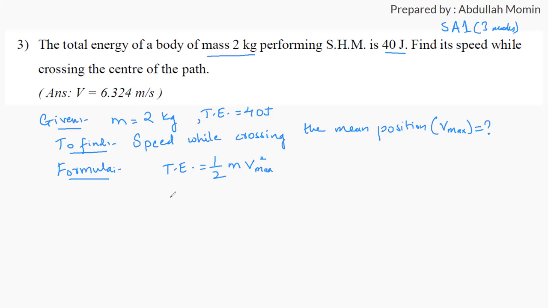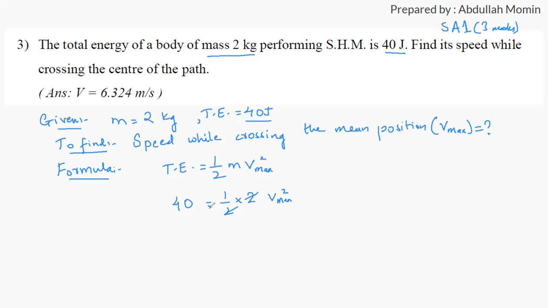So m is given, so by putting the value of total energy, 40 joules, we will put 40, half into mass 2, and v max square as it is.